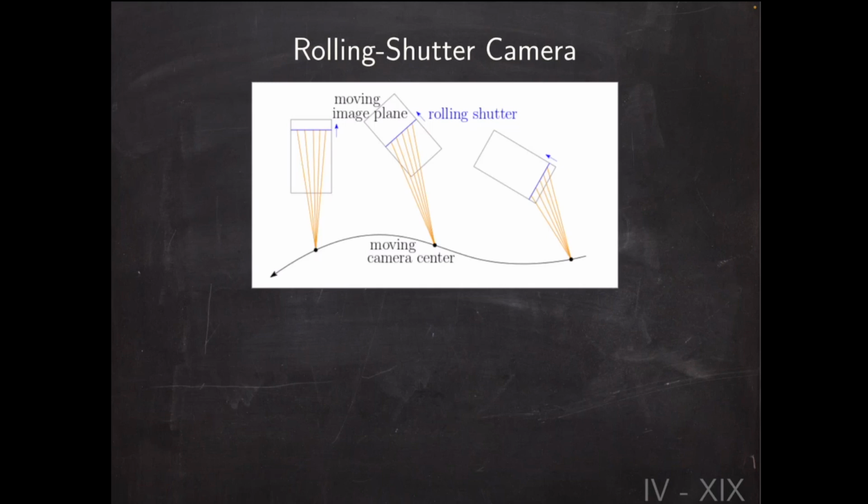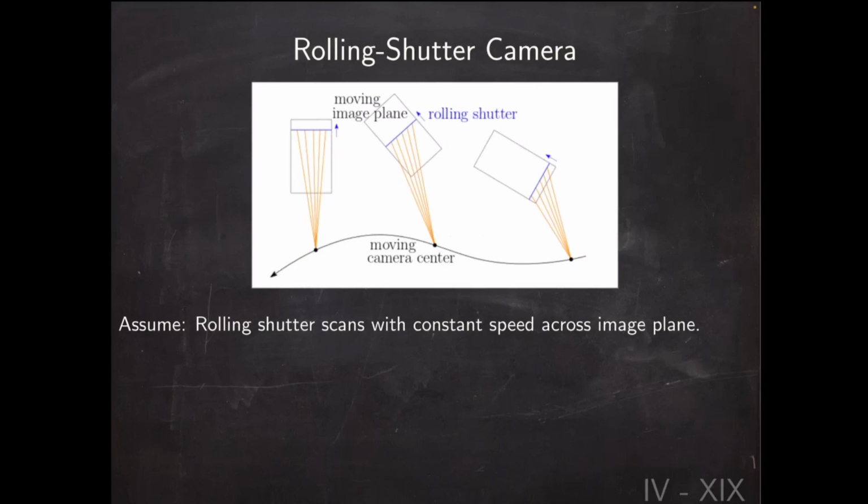This plane moves with the center, and it is also affected by rotation. And there is this blue line, the rolling shutter, that scans across the image plane. At every point in time, you only capture what is hit by these orange camera rays at that point in time.